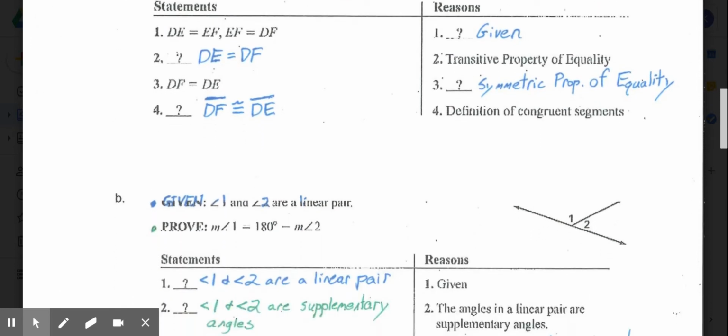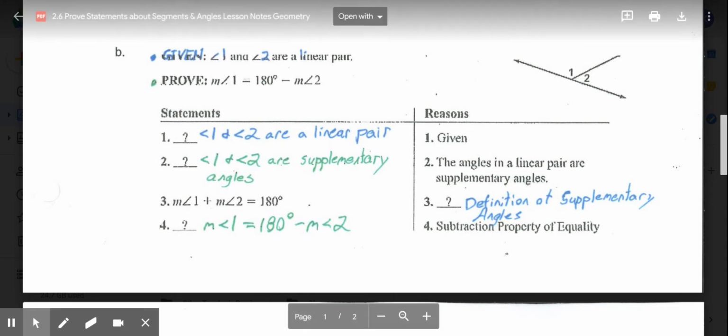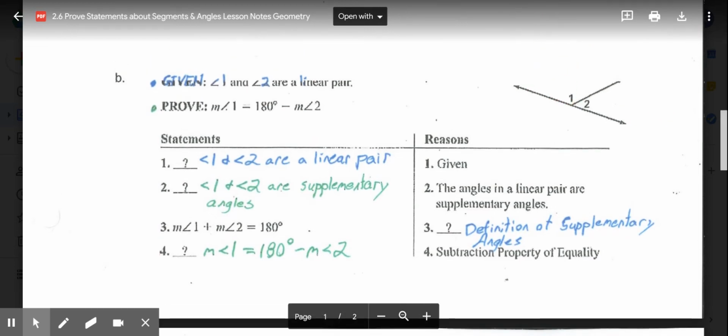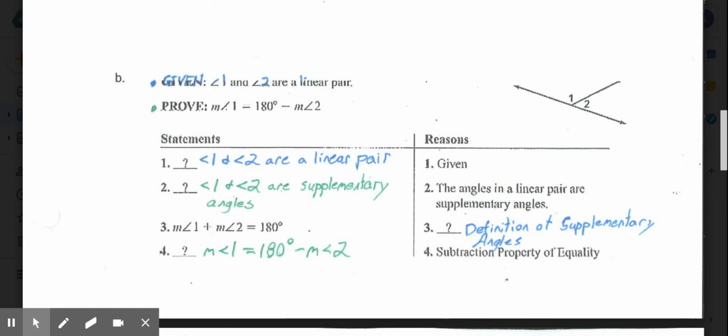So let's look at another two-column proof. We have our given and our prove statement. The given statement says angle 1 and angle 2 are a linear pair. I'm looking at this diagram: 1 and 2 are a linear pair. They want us to prove that the measure of angle 1 equals 180 minus the measure of angle 2. I always start with my given info for my statement.